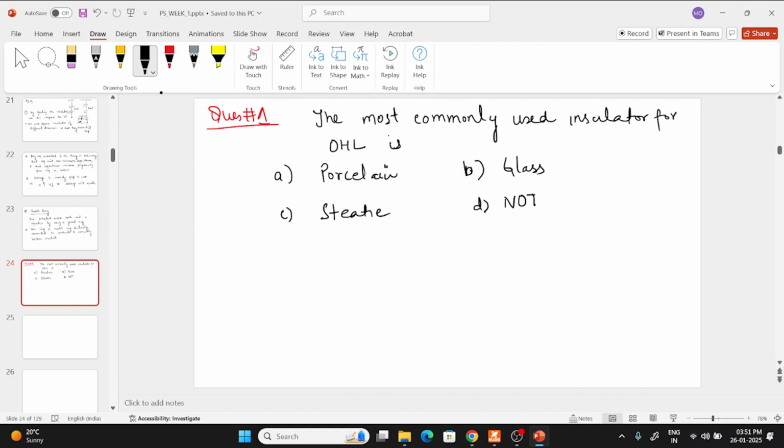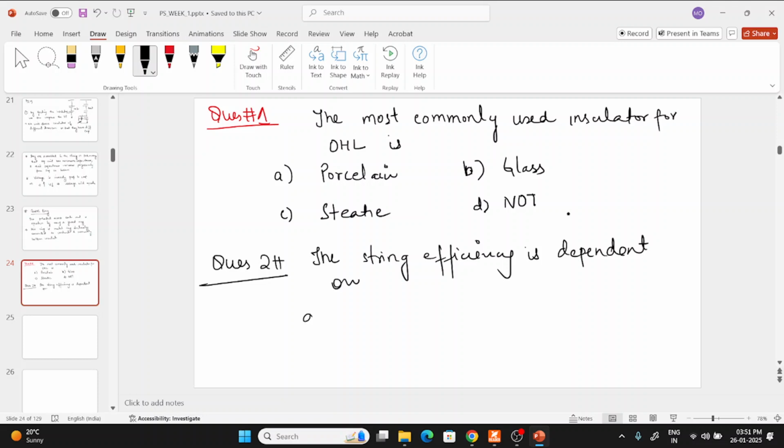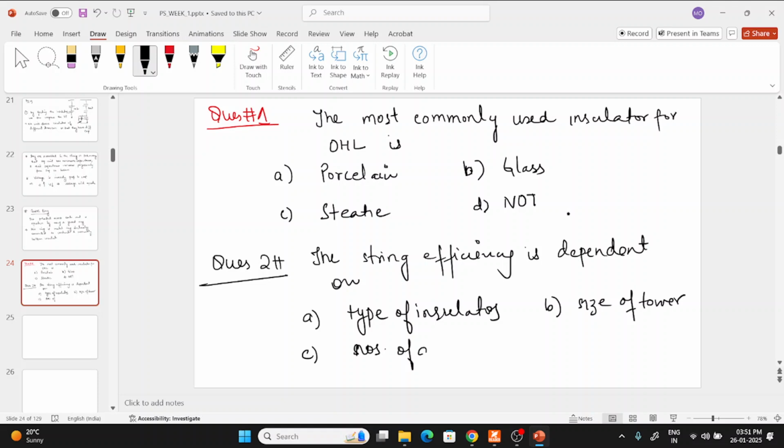So now question number two. The string efficiency is dependent on: A, type of insulator, B, size of tower, C, number of disks, D, none of these.